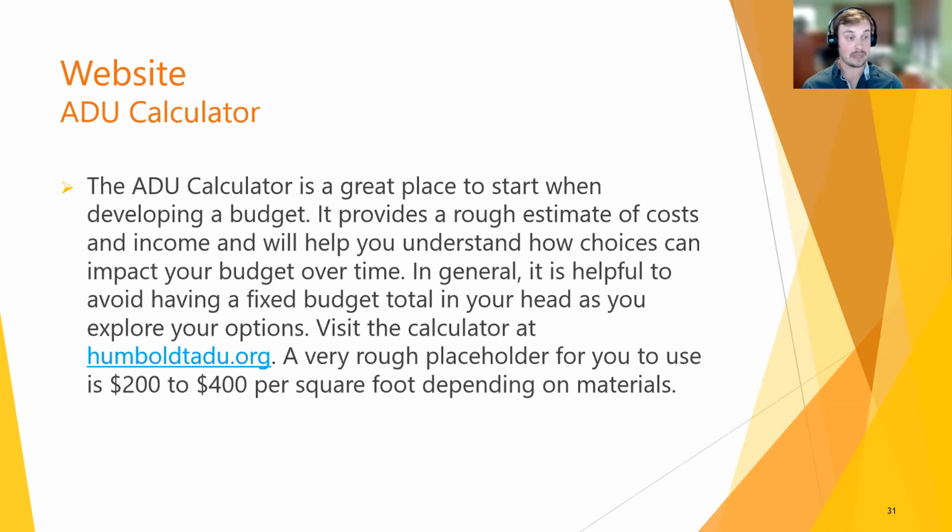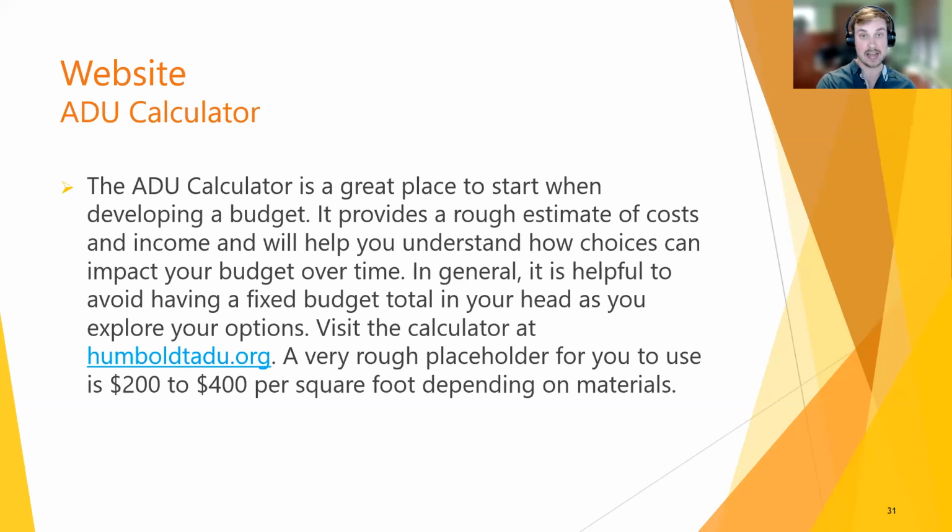The idea is that we're taking all of these different inputs to be able to give you a rough idea of your construction costs and how that goes out to being monthly costs of building an accessory dwelling unit. And then also being able to project what potential rents are.